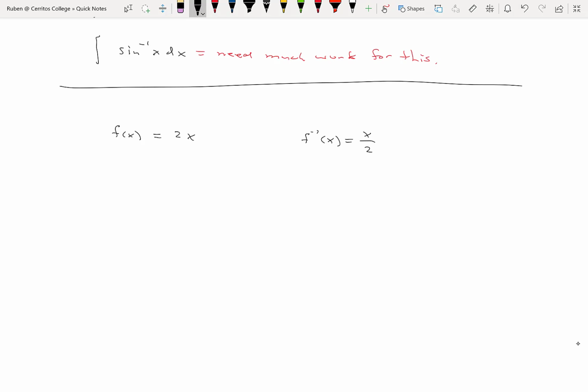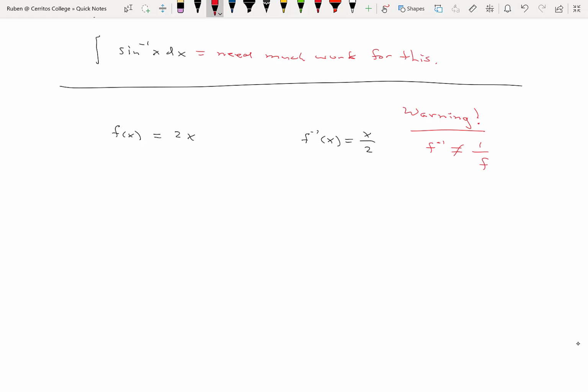Okay, and now what was I talking about, that stern warning? I'm going to write that off to the side here. Warning. Warning. Warning. F inverse is not the same as 1 over f. We reserve that -1 in the superscript. Superscript basically means the location of an exponent, as opposed to subscript, a sub 1, a sub 2.